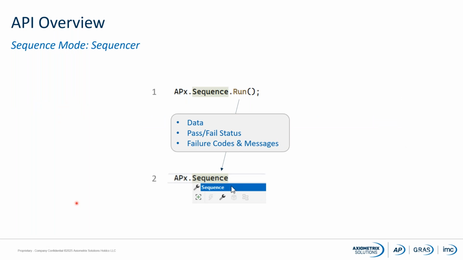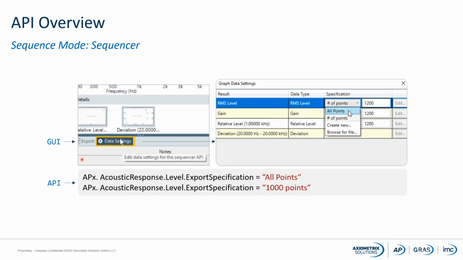So what we've been looking at is how to get data directly from measurements. However, when you run a sequence, it will collect all of the data from all of the checked measurements, including pass, fail status, failure codes, and messages into this APx.sequence collection. And you can control how many data points are picked up into this collection.